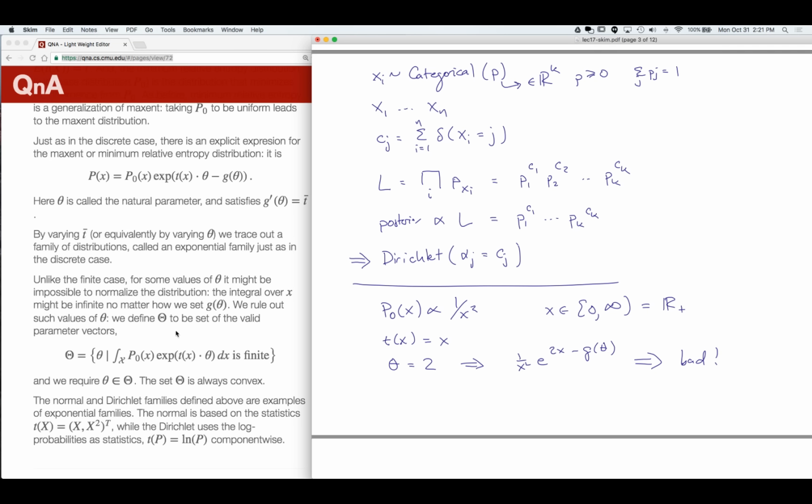So there's going to be some set capital Theta of valid values of theta, little theta, and we're just going to constrain little theta to be in that set. And that's not a problem because just like before, we're going to be able to achieve any achievable value of E of t of x by some theta in big Theta.